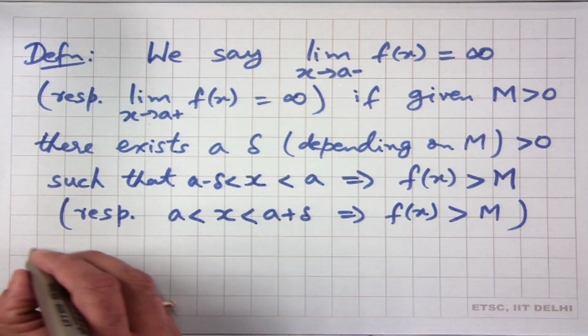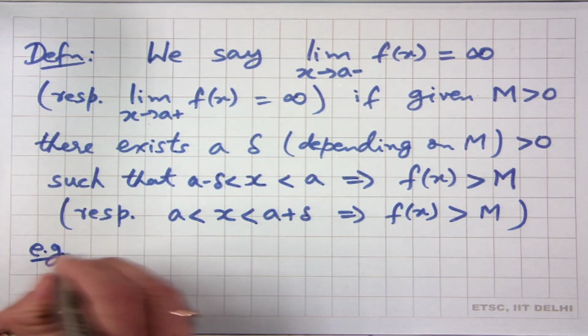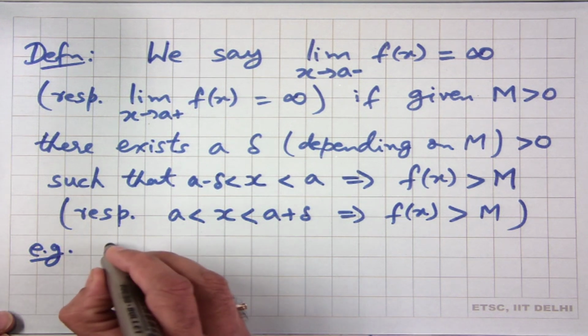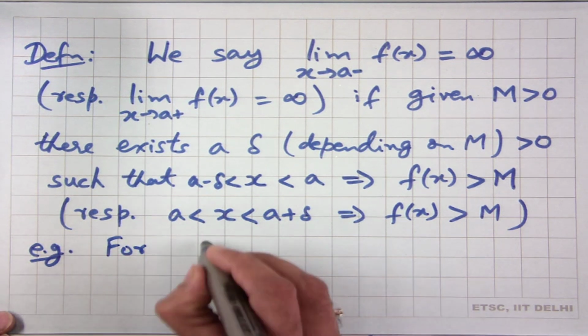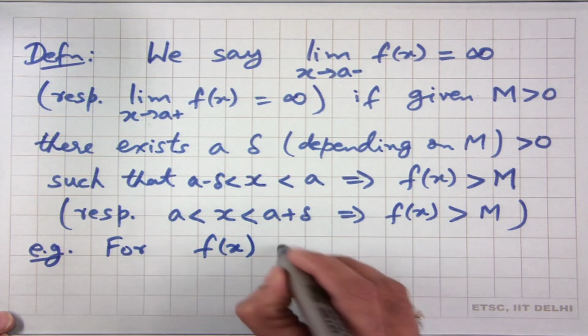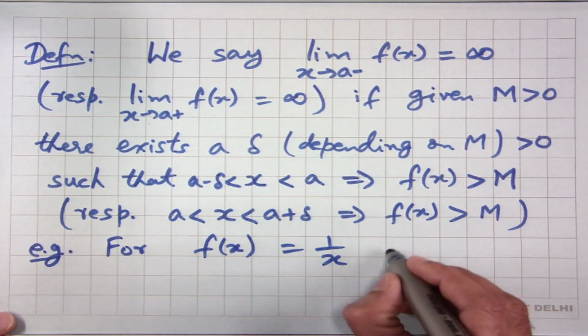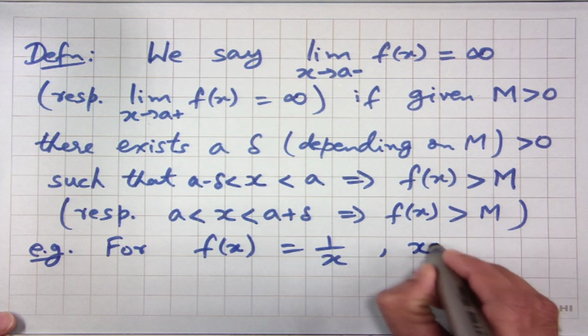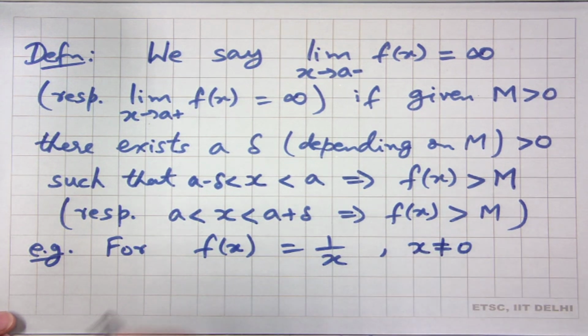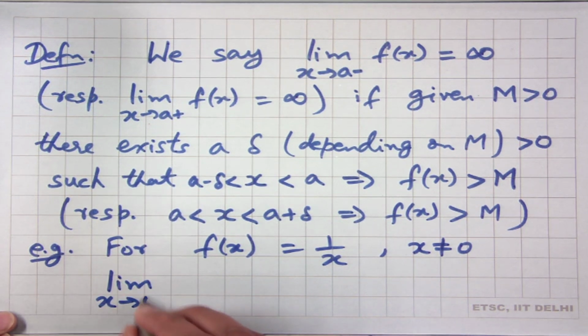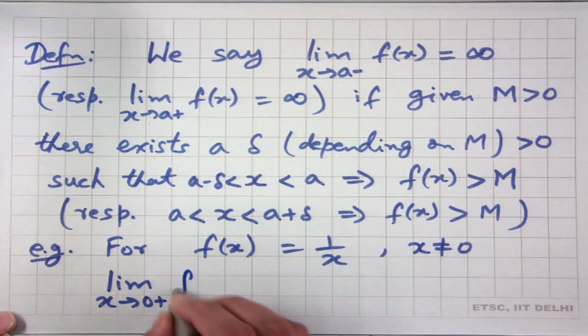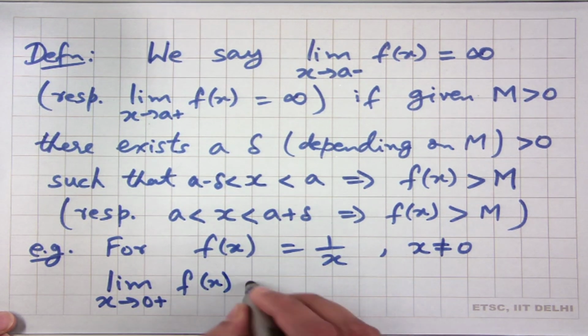So, for example, for the function f of x equal to 1 by x, x not equal to 0, the right hand limit as x goes to 0 plus of f of x is equal to infinity. Why is this?